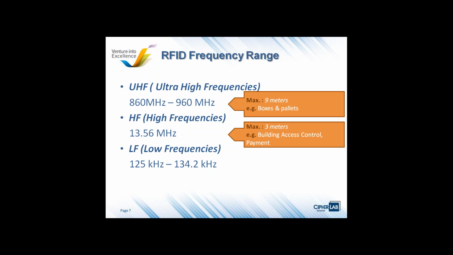As we know, if the frequency is too high, the reading performance will be affected in critical environments like wet or metallic operating environments. But if you want to use it in a critical environment, you can select the HF tag.